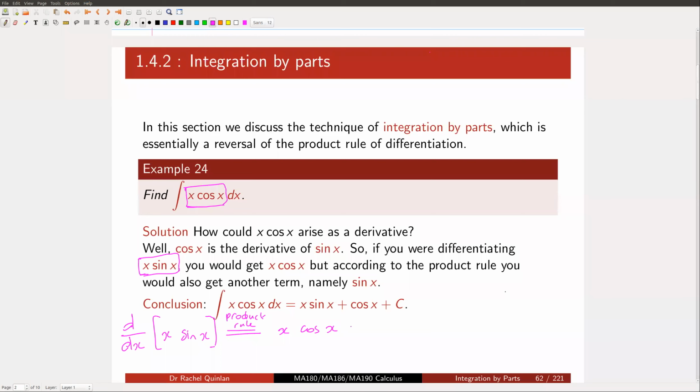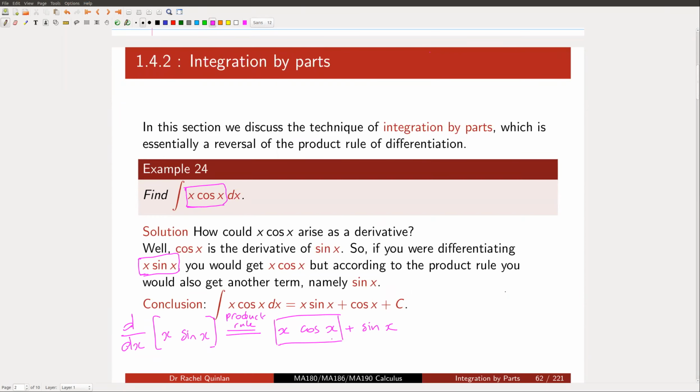But there's another term, which is sine x multiplied by the derivative of x. So the derivative of x sine x, if that's our first candidate guess for an answer to this problem, is nearly right. It's x cosine x, which is exactly what we want, plus this other term that we don't want.